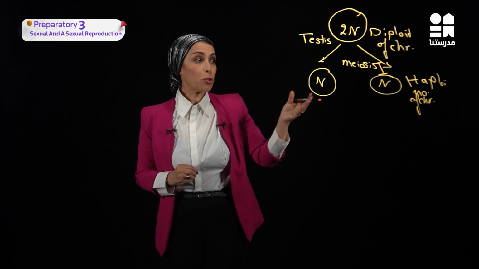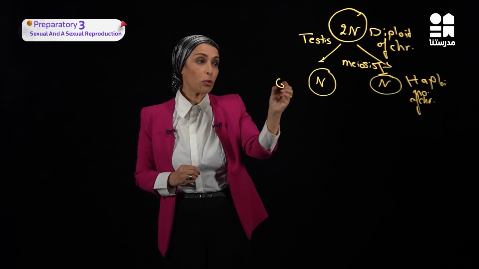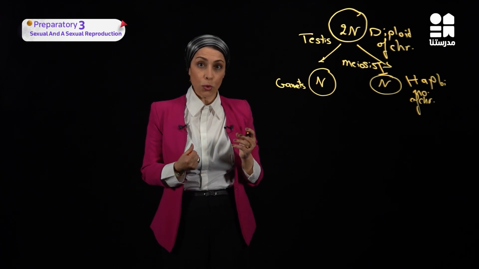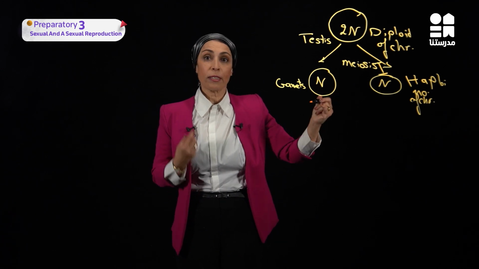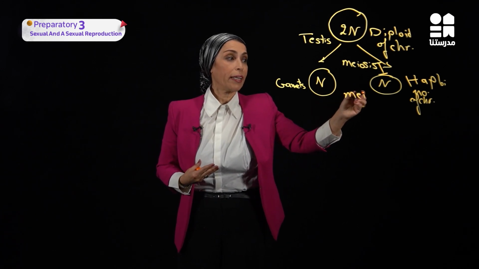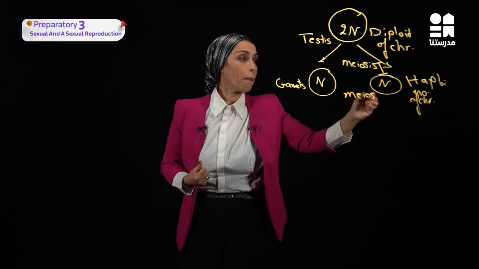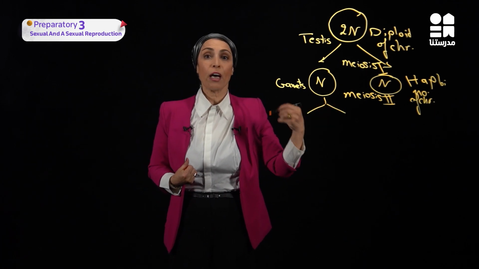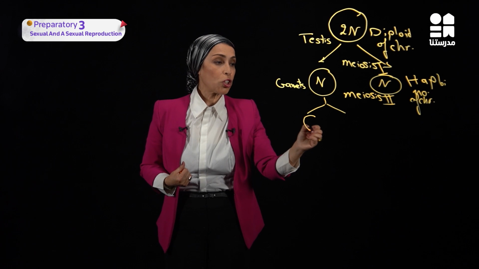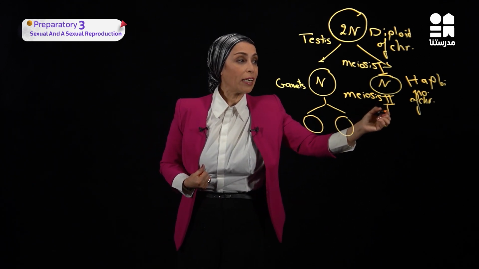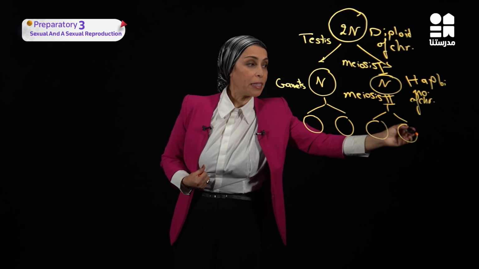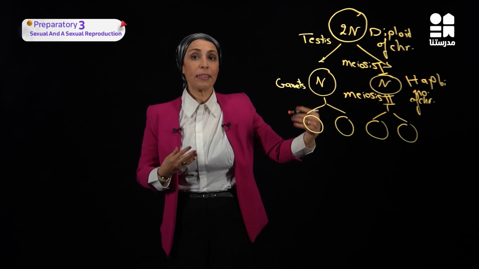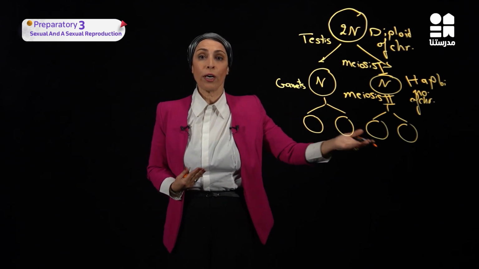The haploid number of chromosomes is in the gametes, and I said what are they called? They are the gametes. Then the second step, meiosis 2: those cells undergo meiosis 2. Here each one of those cells produces other cells, other gametes, which is just an increase in the counting of the number of gametes. The number of gametes starts to increase. So from each one cell I get another 2 cells, forming 4 gametes.